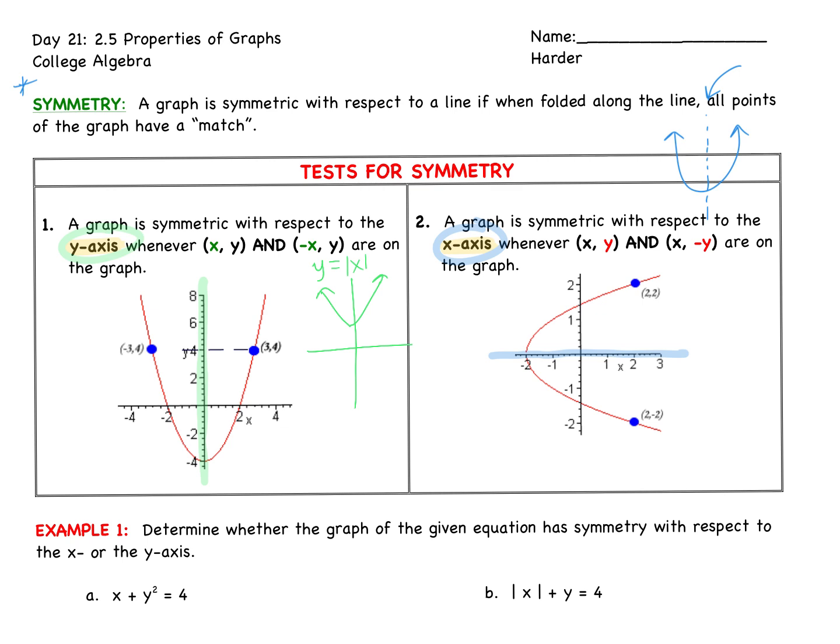Here's what you do. If we're looking at the y-axis, we see x and negative x. So if you are testing for symmetry with respect to the y-axis, you are going to replace x with negative x, and all you care about is: do I get the original equation?